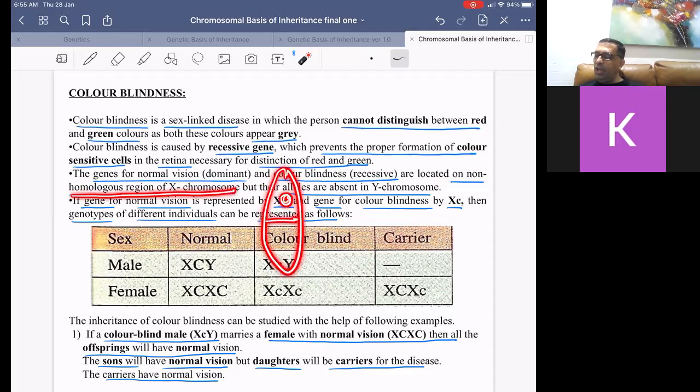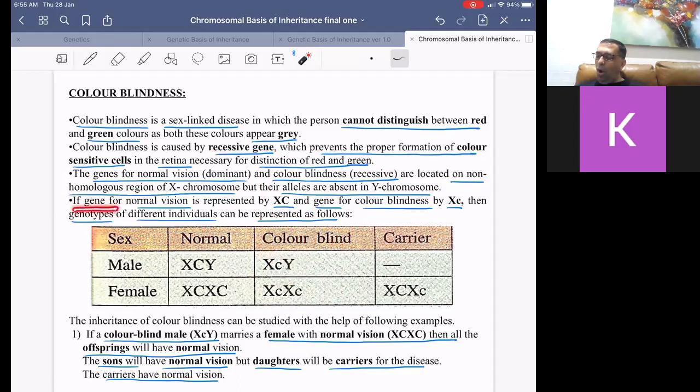Its corresponding alleles are absent on the Y chromosome. We don't have a normal allele on the Y chromosome. So there is only one gene on the X chromosome, and on the Y chromosome there is no normal gene at all.